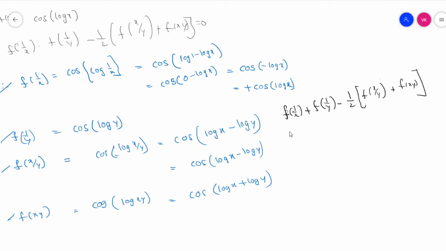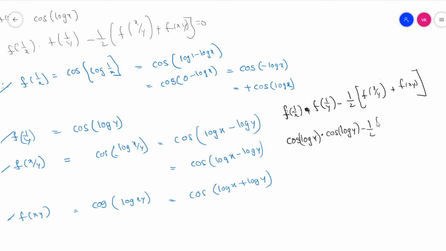First of all, we have to substitute all the values here. The first one is f of 1 by x, and it is multiplication, so we can write cos of log x multiplied by cos of log y.